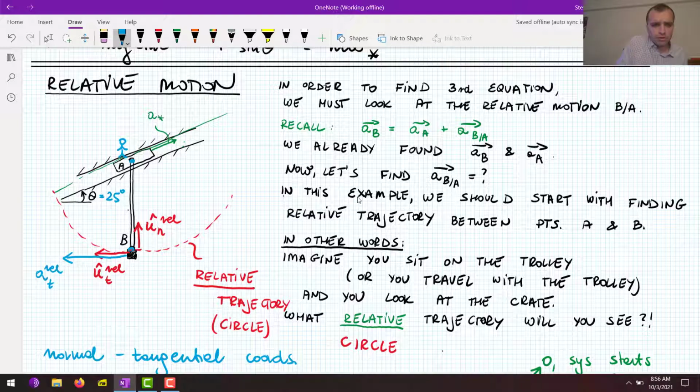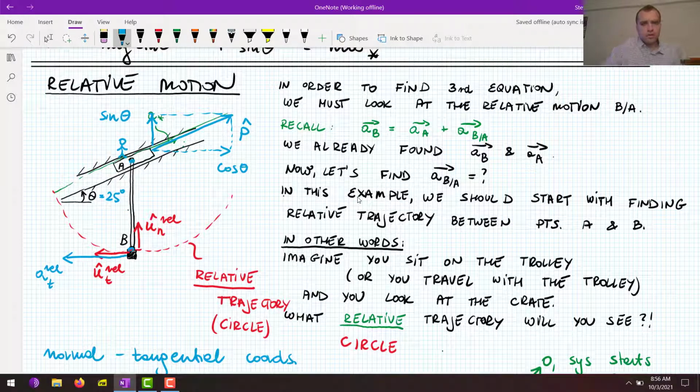Our vector p is aligned with A star, so its projections will have exactly cosine theta and also sine theta. All right, that's why I know how to express p in the ij coordinate system.